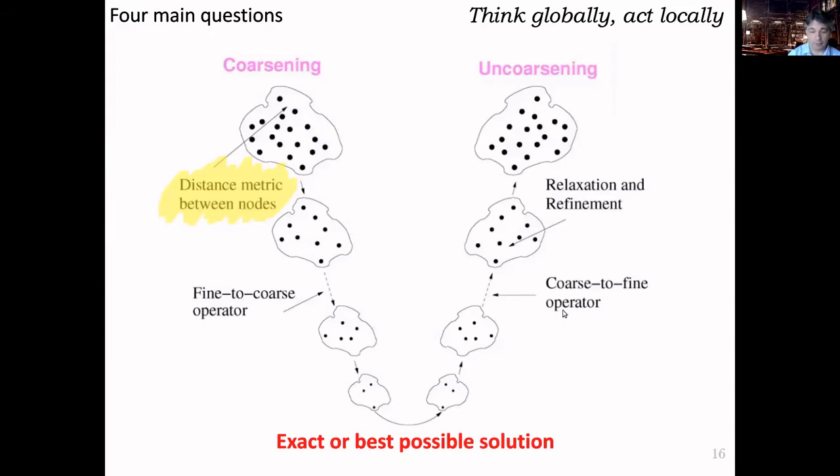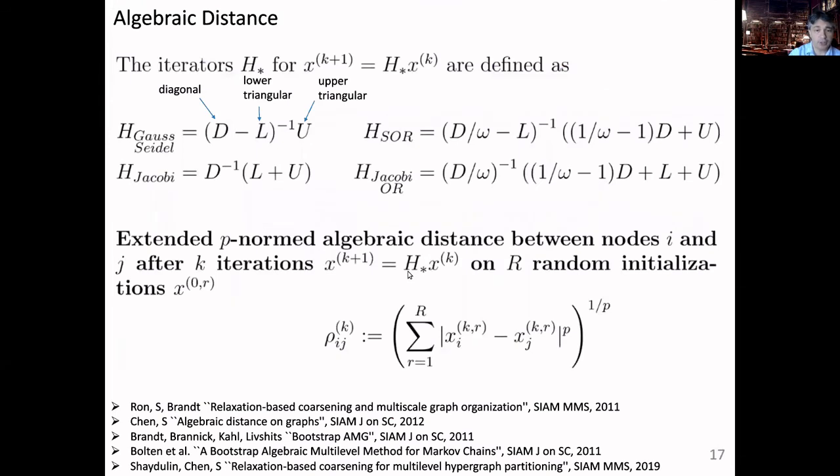So the first question is, how do we find the distance metric between nodes? And there exist lots of approaches. Many of them are inherited from the algebraic multigrid, and you can see a bunch of references here. So we use the so-called algebraic distance between nodes.